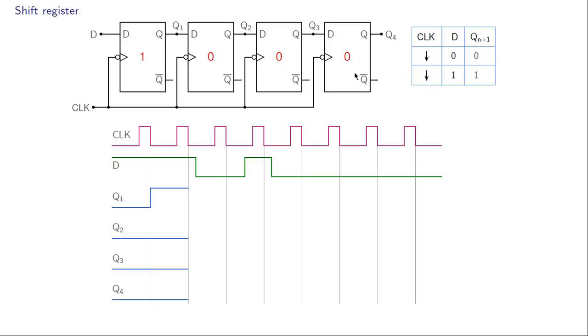Alright. Now after the second active edge, what is Q1 going to do? We need to look at D just before that active edge. D is 1, so Q1 will be equal to 1 after T2, or after this active edge here. What about Q2? We now look at Q1 because that serves as the D input for the flip-flop here, and Q1 is 1 just before the active edge, and therefore this Q2 is going to change to 1.